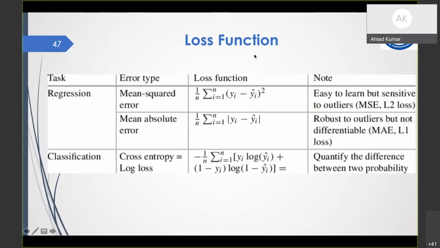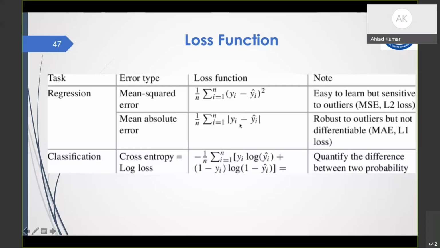So the typical loss functions which we find in the literature related to regression are mean square error and mean absolute error. You can use either of them. The absolute one has a subtle advantage over the mean square in terms of its robustness to outliers, because if there is an outlier, then this particular loss function will work better as compared to this, because the prediction boundary created by the neural network will be affected more in this case as compared to this case.